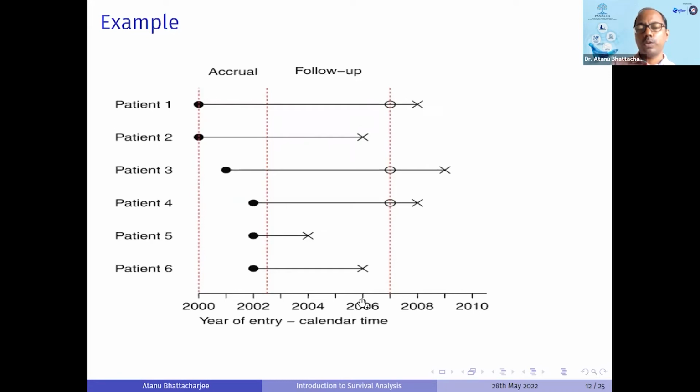So 2000 to 2007, that's a long period. We end here, and at that time this person was alive, so we consider this person censored. Only one year later the person died, but we are not in a position to take that, and that is going to be the right censored person here. Here also, we don't know what happened.